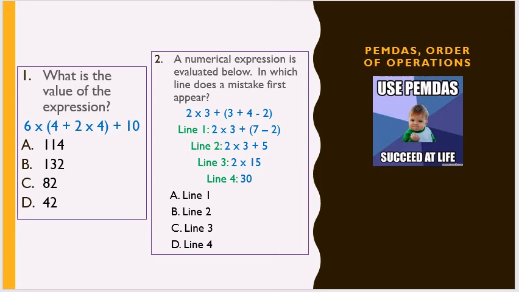Line number 2, they came to 2 times 3 plus 5. Line 3, 2 times 15, and line 4 is 30. So somewhere in this problem, they went off track and started going the incorrect way. Was it line 1, line 2, line 3, or line 4?